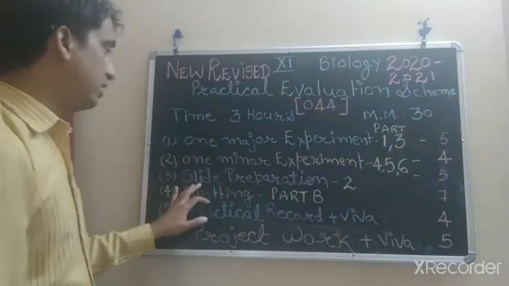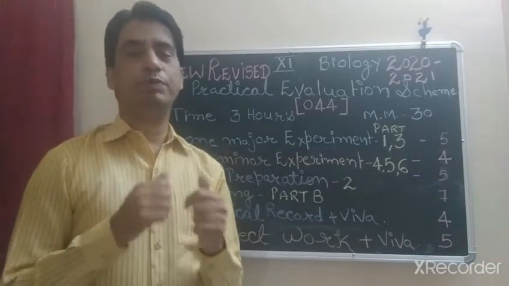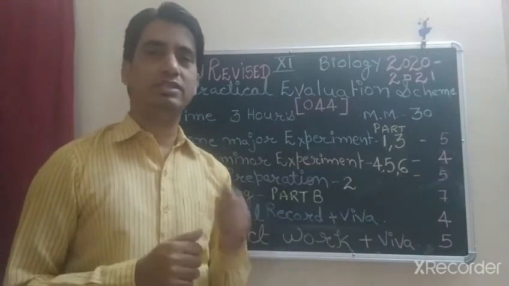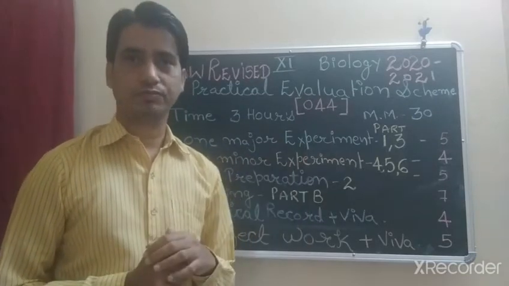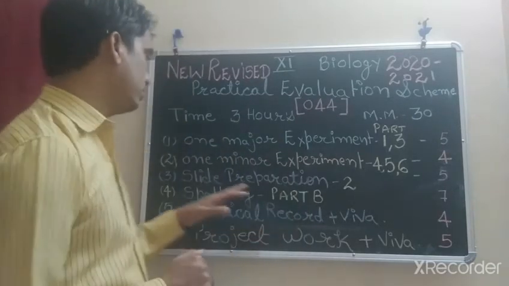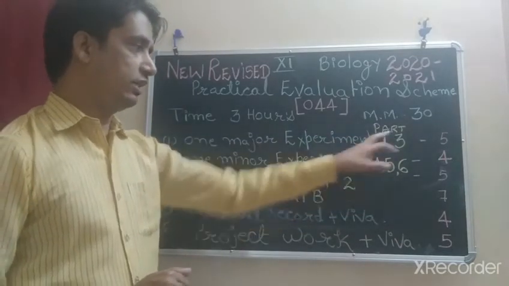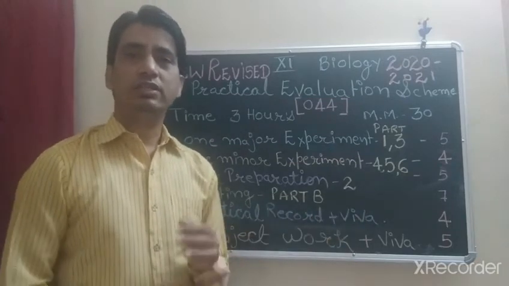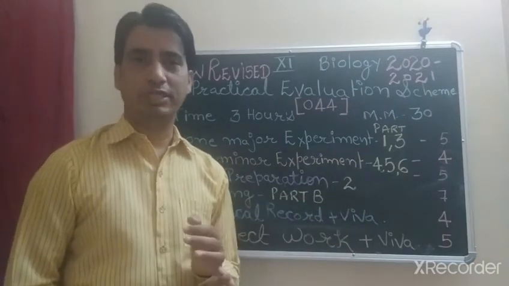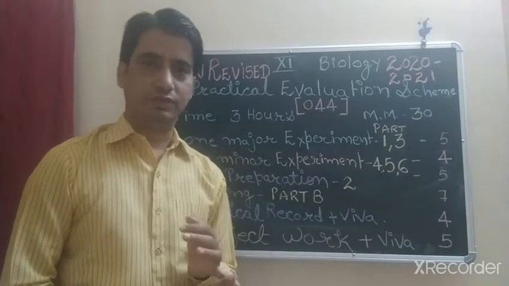Then the slide preparation, in which students are supposed to prepare a temporary stained slide of the given material. For this purpose, from Part A, experiment number 2 is mentioned. It is to study the distribution of stomata on the upper and lower surface of a leaf.